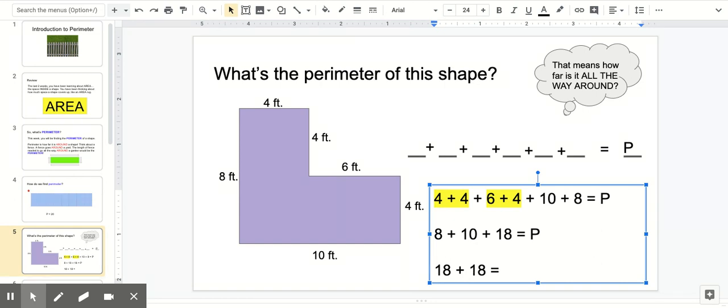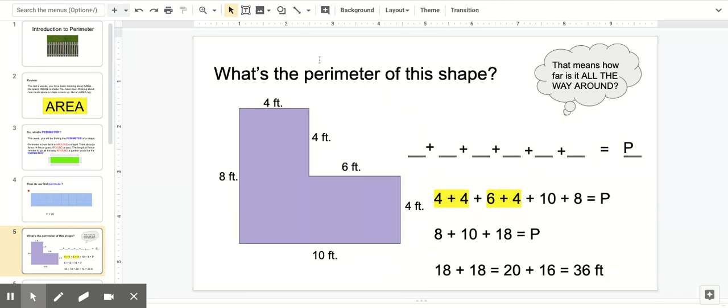And 8 plus 8 is 16. 20 plus 10 is 30. Plus 6 more is 36. So our perimeter is 36 feet.